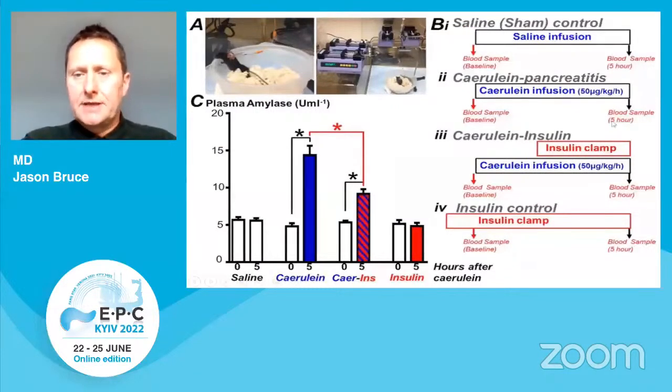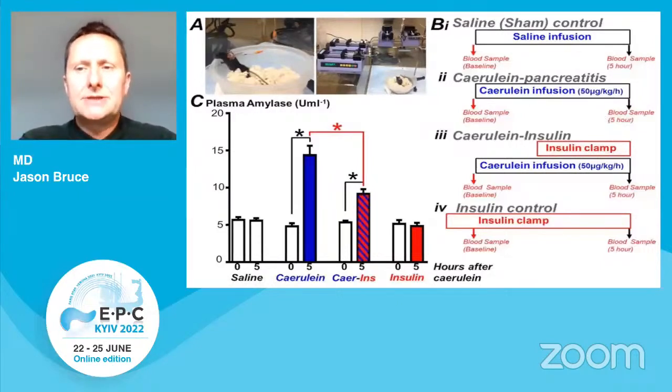But the take-home message is that if we apply the insulin infusion or insulin clamp 2 hours into this, then we can see a significant reduction in plasma amylase, suggesting for the first time that insulin might have a therapeutic utility for the treatment of pancreatitis. But admittedly, this is only in healthy mice.